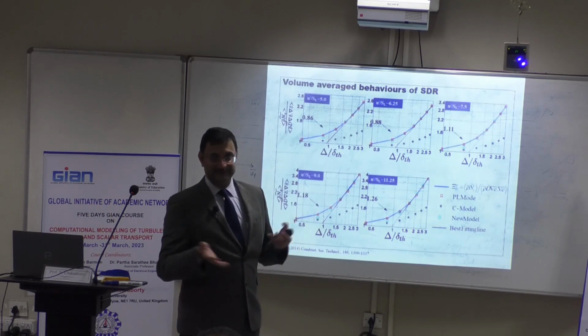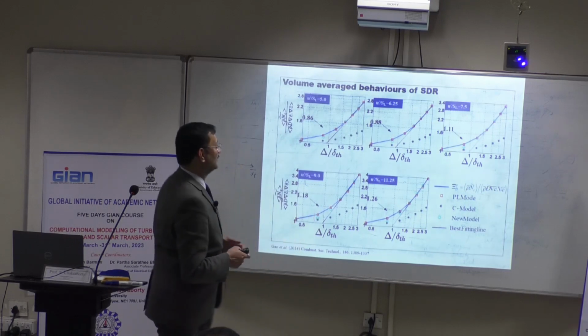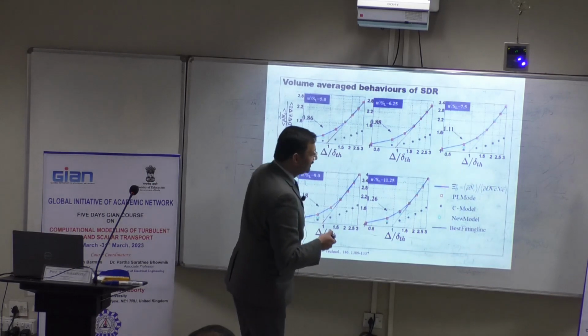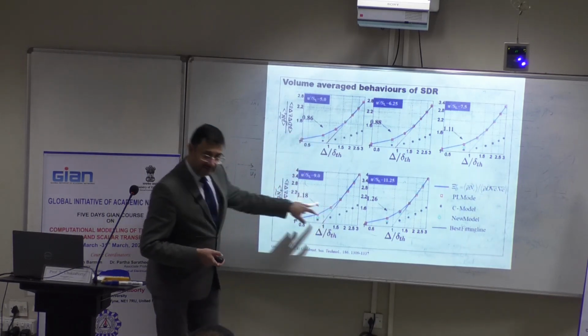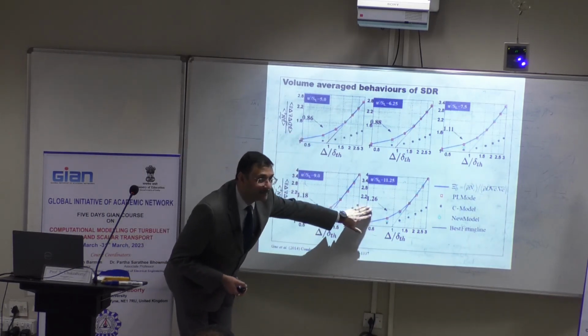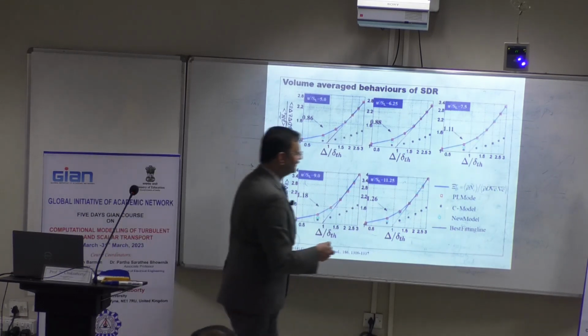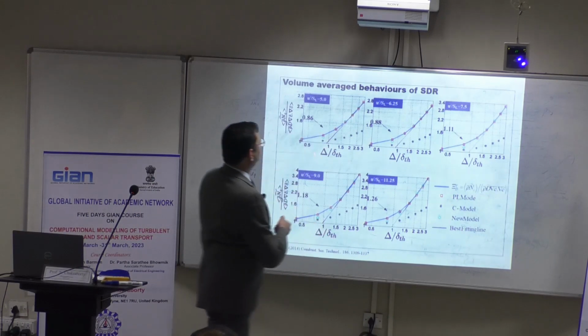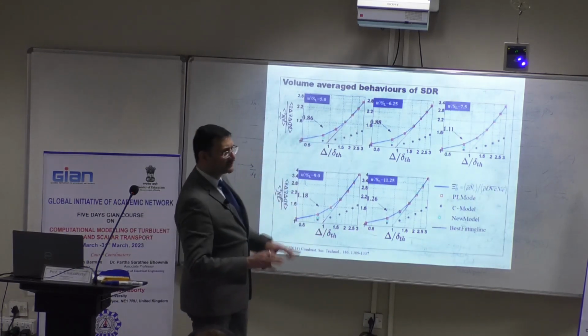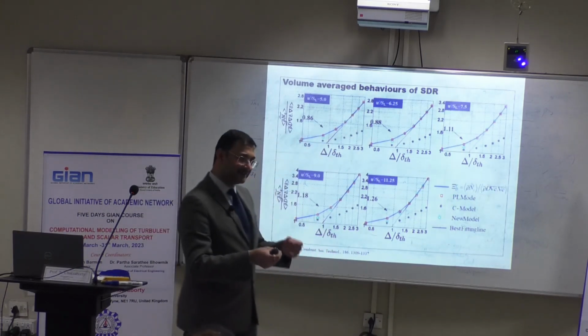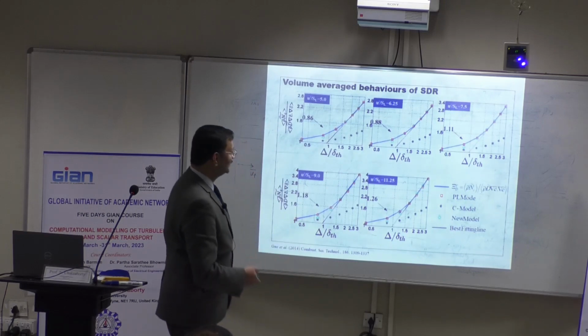Nothing surprising, you would expect that physically. I'm not even modeling that; I'm taking the value from the DNS data and putting it in the power law model. It actually captures it, so there are no surprises there.